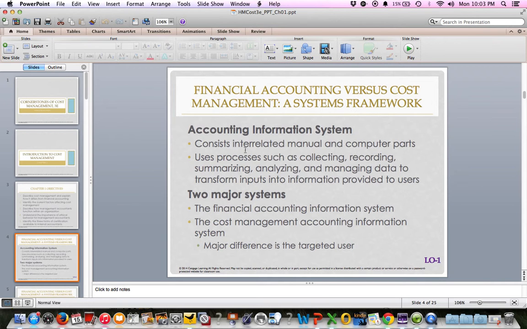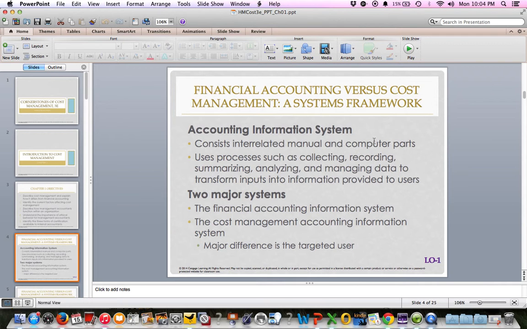The top here says accounting information systems. Accounting information consists of integrated manual and computer parts, and uses processes such as collecting, recording, summarizing, analyzing, and managing data to transform it into information for the users. So just think of accounting in general and what we're trying to accomplish.